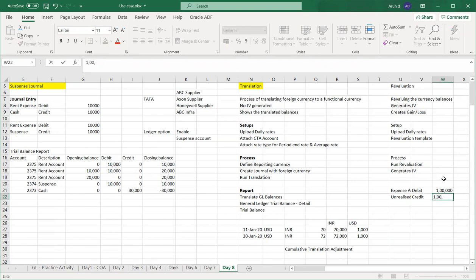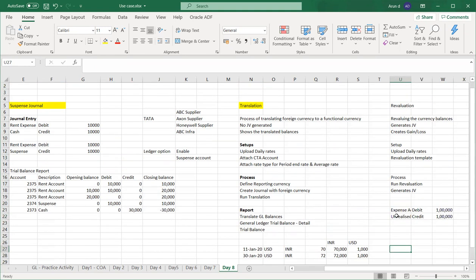Yeah, so this would be the entry. Basically, the system will pick the expense account and it will post the unrealized gain or loss. So this would be the entry that we'll be seeing in the system.